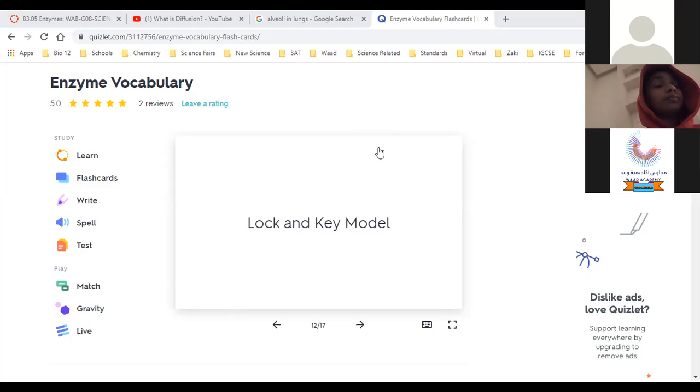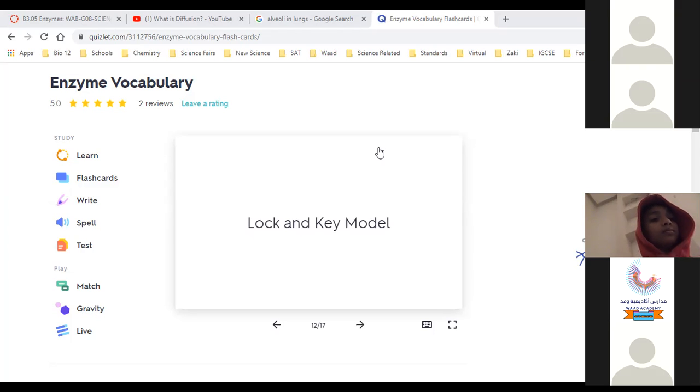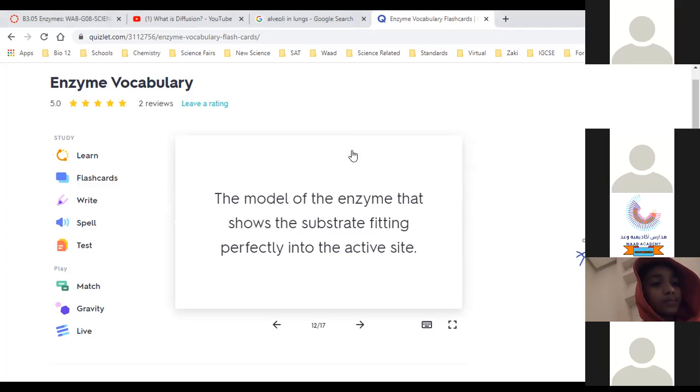Basim, the lock and key. Like every lock has one key, and once they come together, they fit like a jigsaw puzzle, right? So the enzyme works like a jigsaw puzzle. If the edges meet together, then they would work together. It is the model of the enzyme that shows the substrate fitting perfectly into the active site.